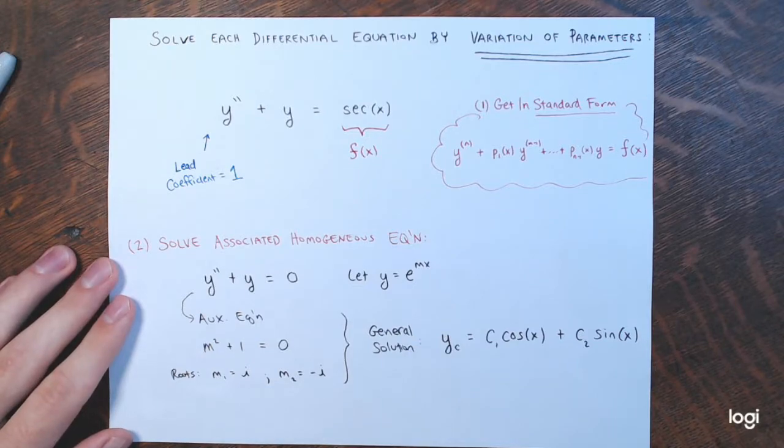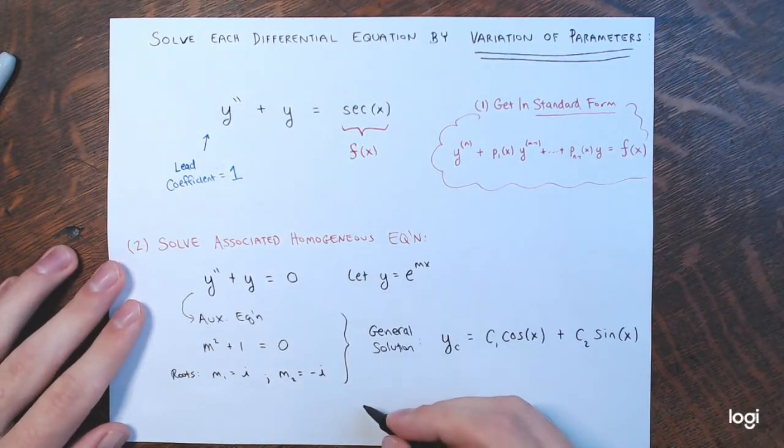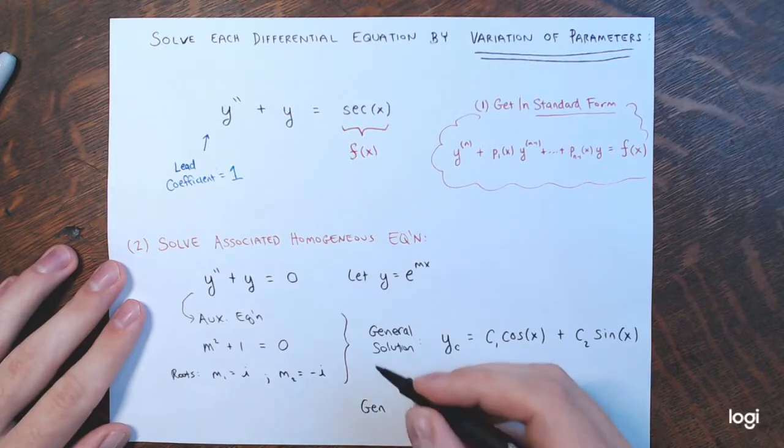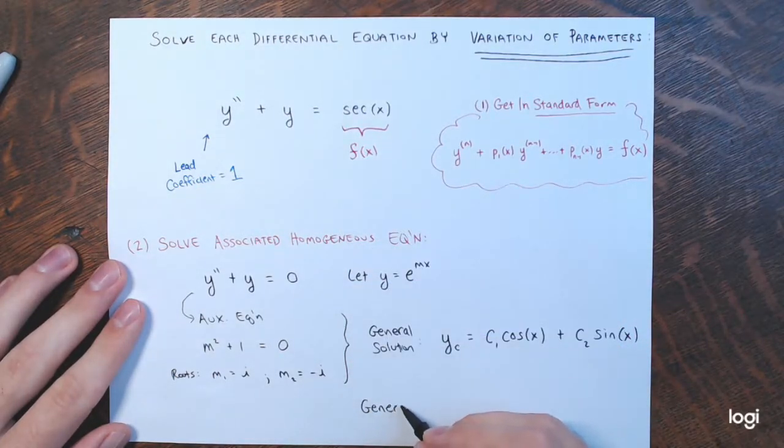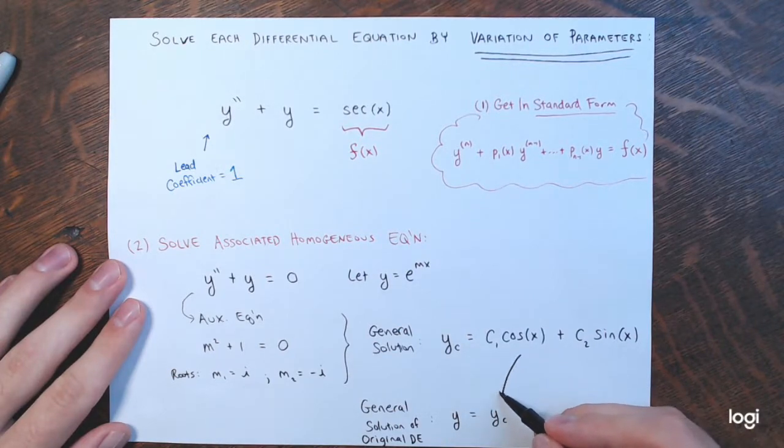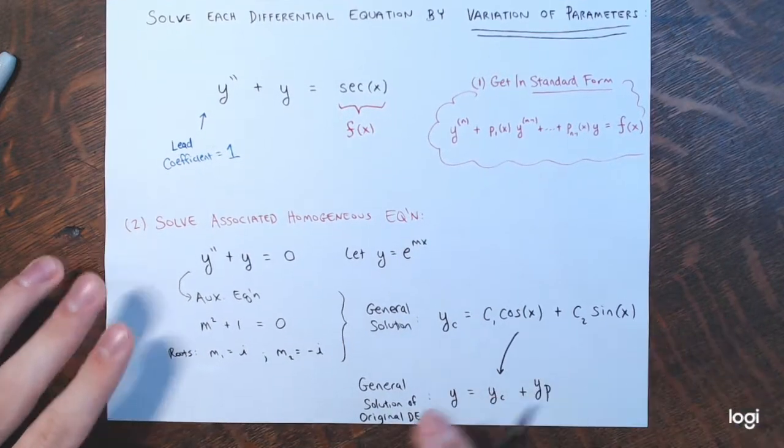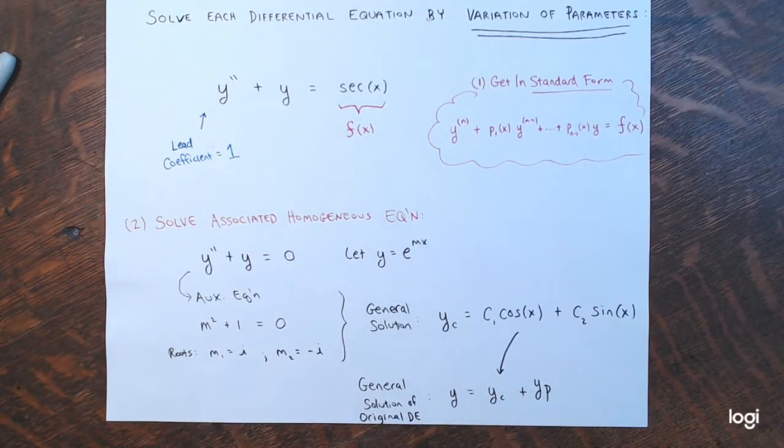Now, the general solution of the original differential equation, then, hopefully recall this, will look like this. y equals this complementary function plus a particular solution, this y sub p.